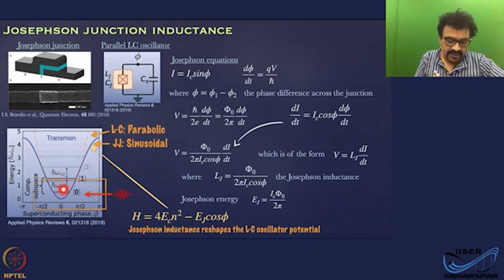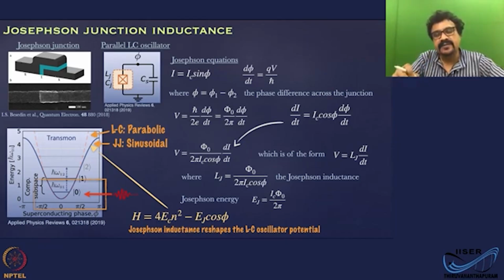That is, h bar omega 01 is different from omega 12, different from omega 23, and so on. So this will enable you to get a robust subset of states as qubit states. And that is basically the underlying idea of using Josephson junction circuits as qubit states.